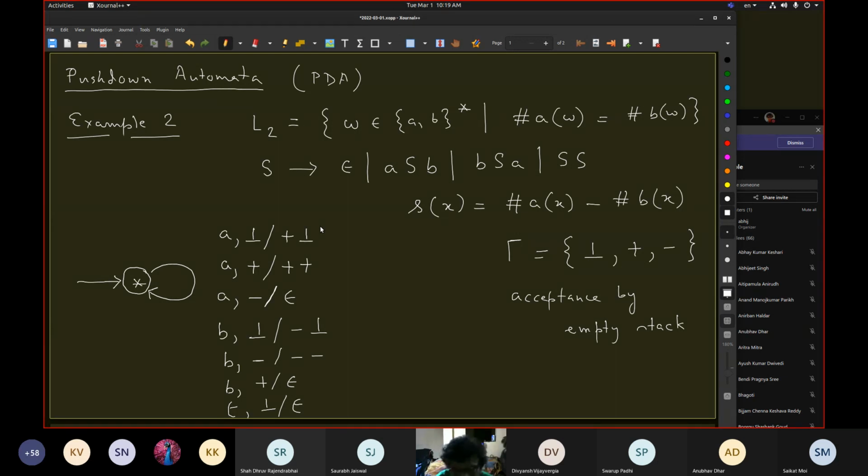So before formalizing the notions further, I would like to look at this last transition. These things are fairly straightforward.